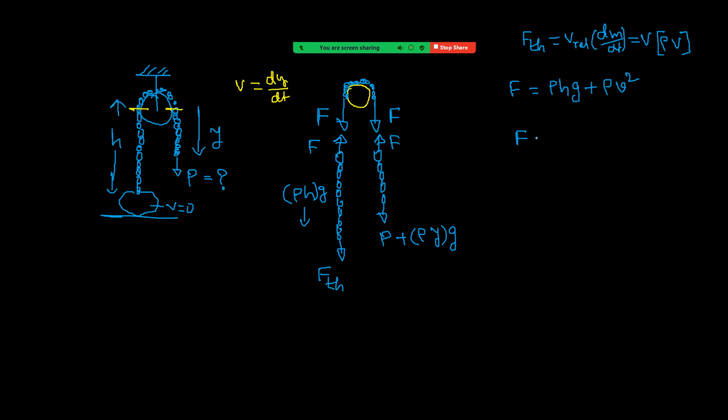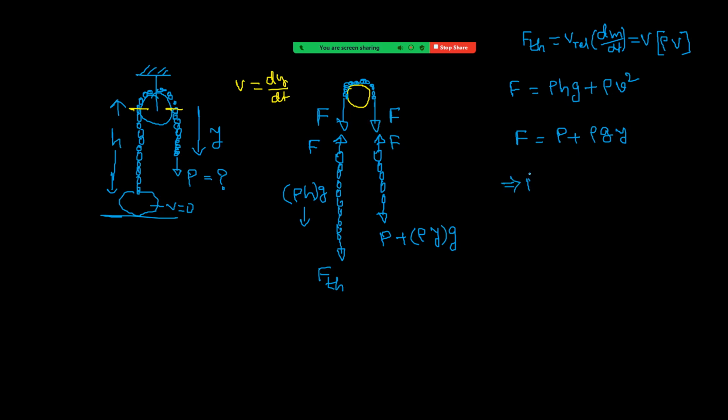Mg downwards. And by this part of the chain, the force acting on this part is F. Again F equal to P plus rho g y. Now equate this and see what we get. P plus rho g y is equal to rho h g plus rho v square.